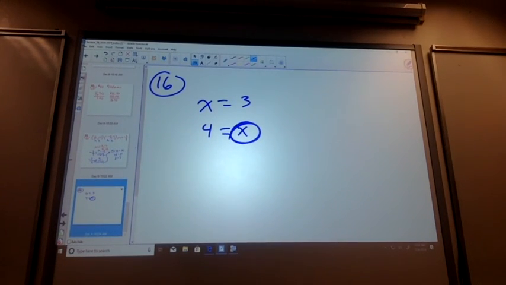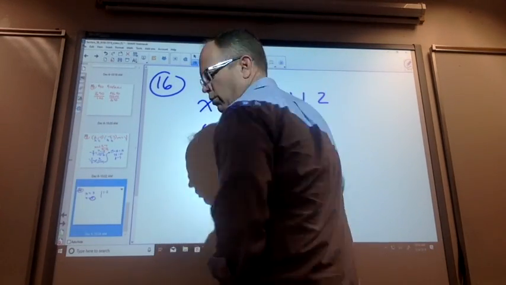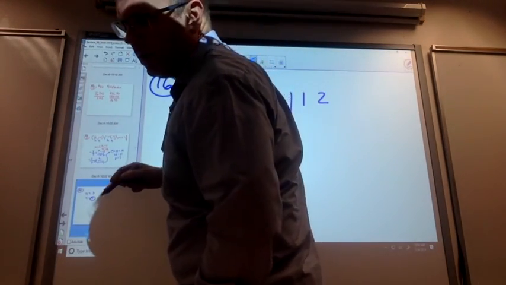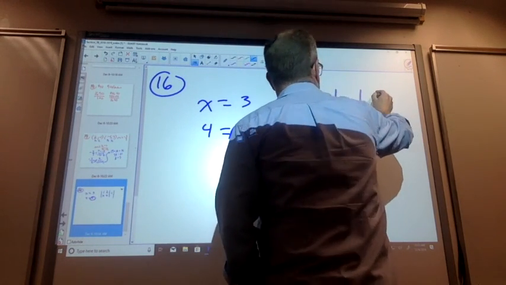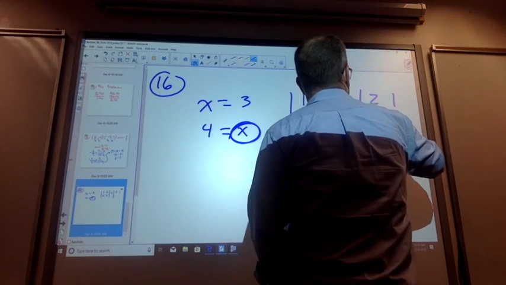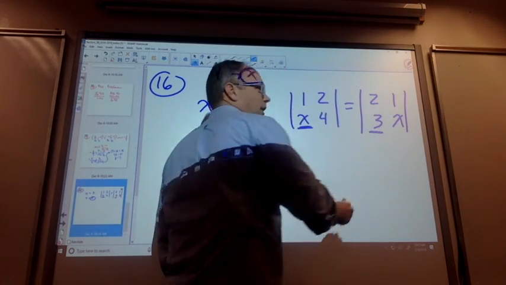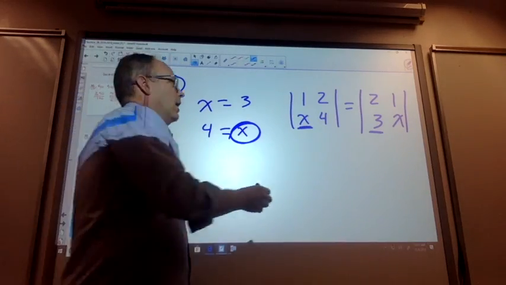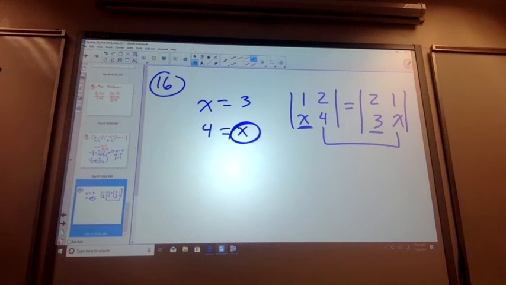So you have the first matrix, 1, 2, x and 4, and then that's equal to the other matrix. So you take this, and it's equal to that, because they're sitting in the same spot. And then this is equal to that, because they're sitting in the same spot. I think that second x is supposed to be a y. I think it was a misprint by us.